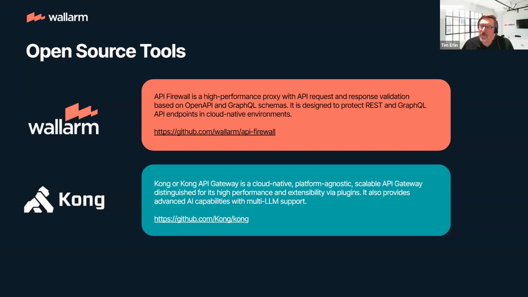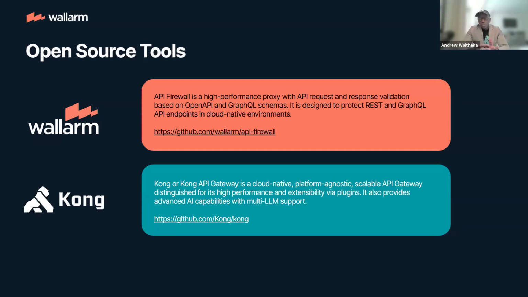Andrew, how does the open source piece fit for Kong? Yeah, a lot of our users typically start using Kong from the open source side, and it's a very, very successful open source project.